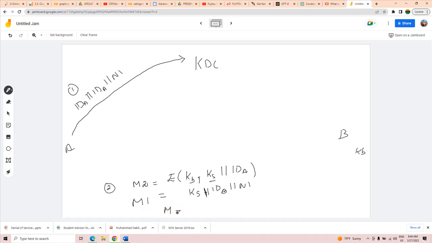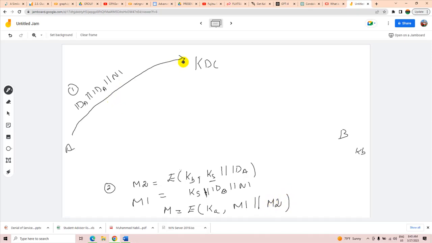Now message 1 and message 2 are combined. M is equal to encrypted, because message 1 and message 2 are going to A, so it is encrypted using the master key of A, M1 concatenation M2.